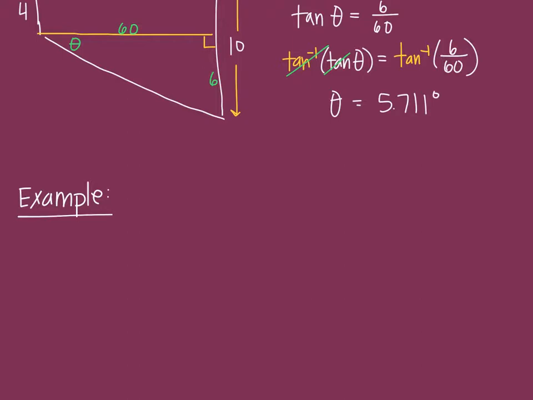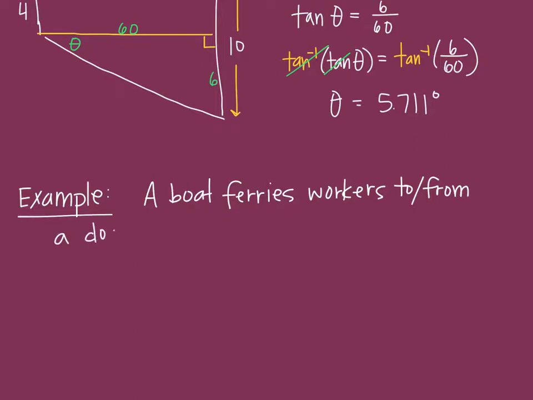If you can picture that in your mind, we're going to do a little trig with that. So we're going to talk about a boat that ferries workers to and from a dock to an oil rig.